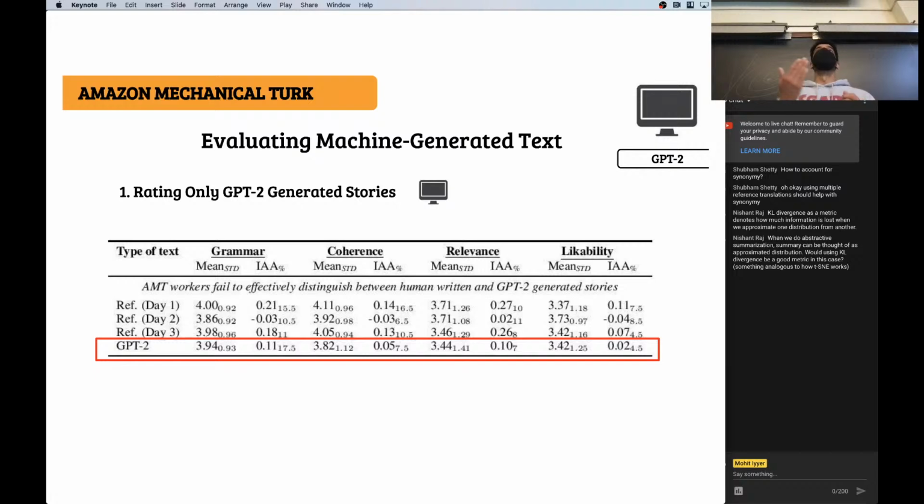So GPT-2, for example, makes a whole lot of coherence errors compared to a reference text. But if all of the data you're seeing has, on average, some number of coherence errors, then you're probably going to assign the average to a score of 3. Whereas with a human reference, which doesn't have these issues, seeing even one error like this might be enough to shift you all the way to giving it a 1 out of 5, right?